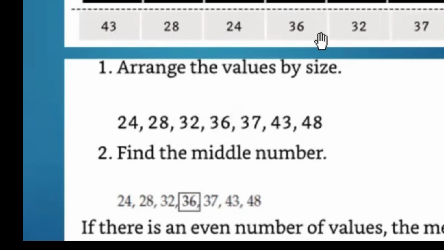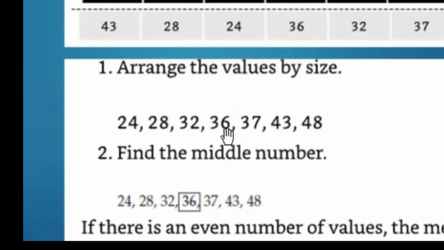You would have selected the wrong number. In this particular example, let's say that we're advantageous and 36 happens to be right in the middle, but you always want to rearrange the numbers first, okay? And then the number that's right in the middle is going to be your central value, okay?